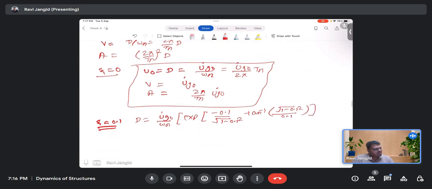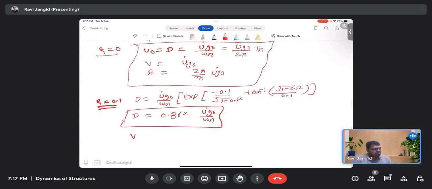If I calculate this, I am getting d as 0.862 u_g0 dot by omega_n. So your v would become 0.862 u_g0 dot, and your acceleration would become 0.862 u_g0 dot into 2 pi by Tn.